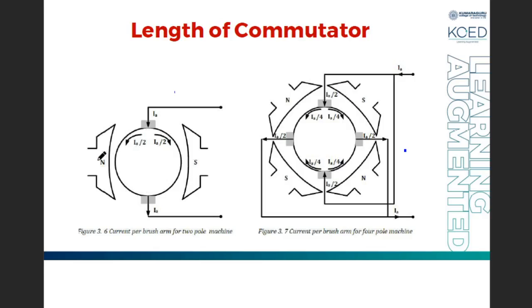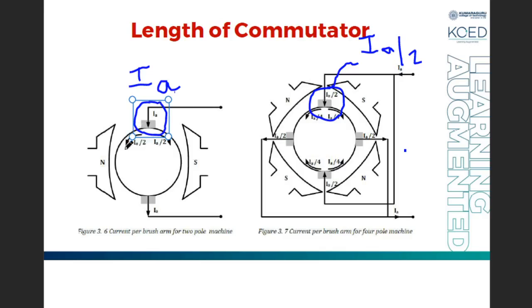So what is the inference we get from this? If you consider the two pole machine, what is the current carried by this brush? The current carried by the brush here is IA. Now if you go for a four pole machine, the current carried by each brush is IA divided by 2. Let us compare these two currents.